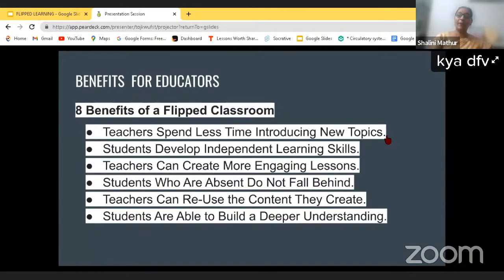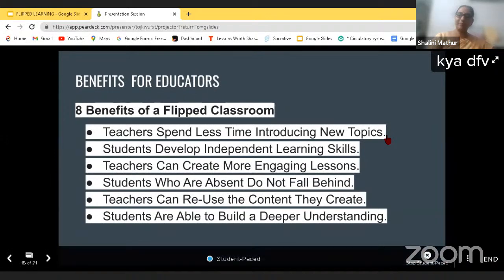But when students come with that already, we have to spend less time on it. Students develop independent learning skills. Because flipped learning is student centered, teachers can create more engaging lessons. Now, we have to give 100% in those 40 minutes. But here, when the students come, they are already introduced. They come with the remembering and the understanding.